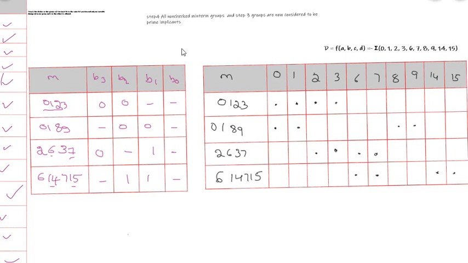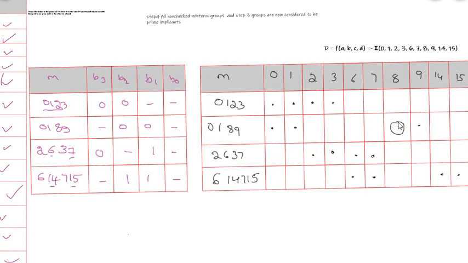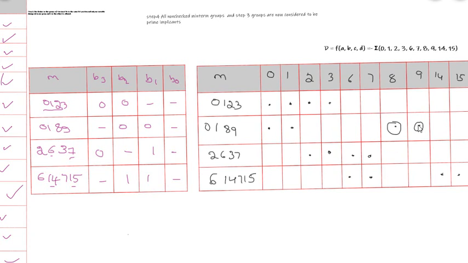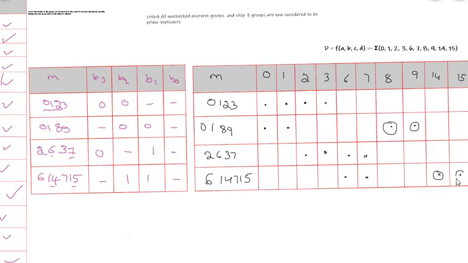Once we are done, we look for any column having a single term. Suppose 0 has 2 terms, so we cannot take that. 1 has 2 terms, 2 has 2 terms, 3 has 2 terms, not possible. 6 and 7 have 2 terms, but 8 and 9 have a single term, so mark 8 and 9. Again the single terms are 14 and 15.